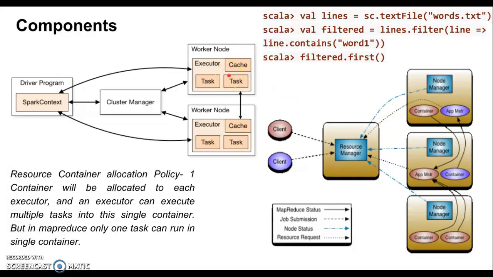If you remember, in MapReduce one container is allocated to one mapper task or one reducer task. But here one container is allocated to one executor, and one executor can execute multiple tasks. So Spark takes care of resource scheduling and resource utilization as well. So in one container it can execute multiple tasks.